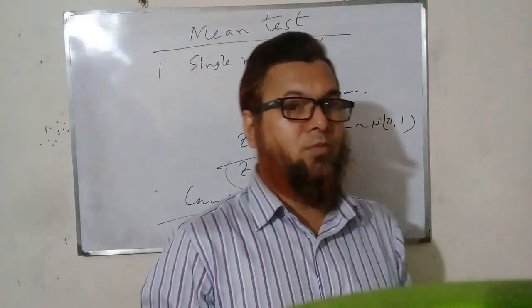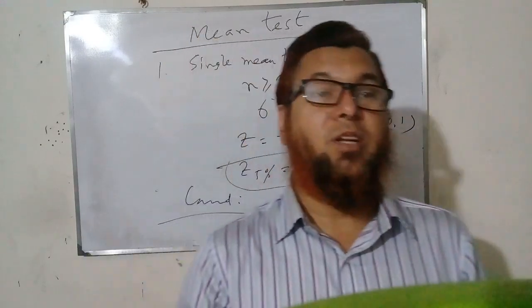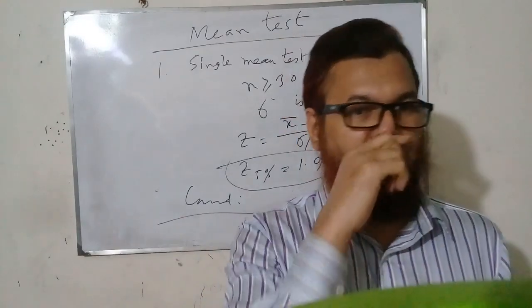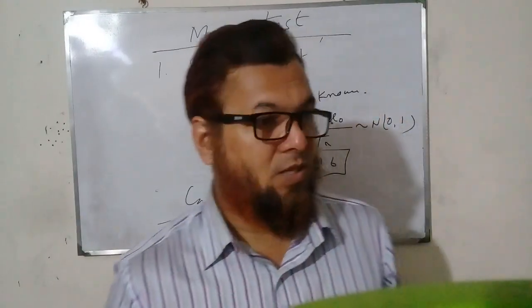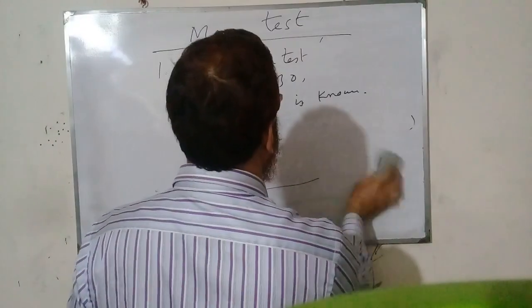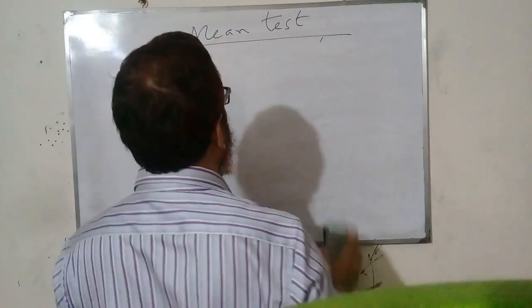Then comment: if calculated z is greater than tabulated z at the 5% level of significance, then we reject the null hypothesis, otherwise accept it. This is the single mean test.